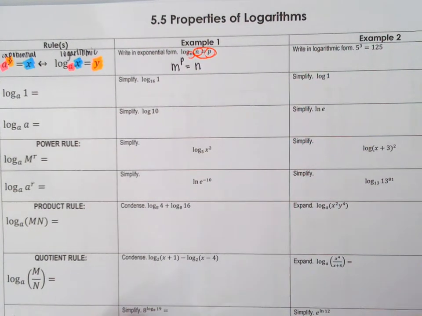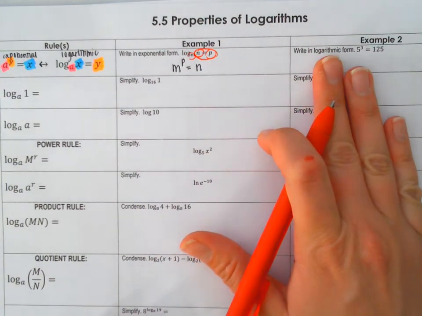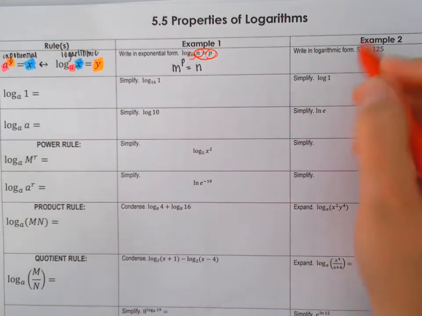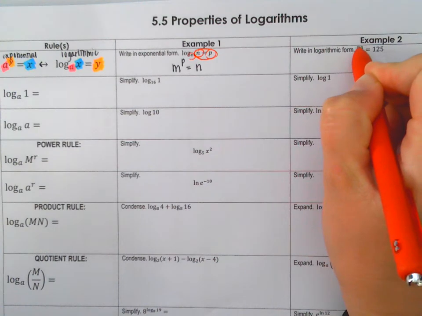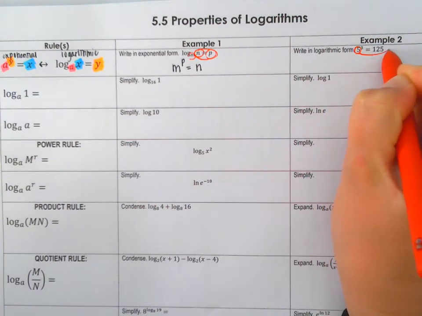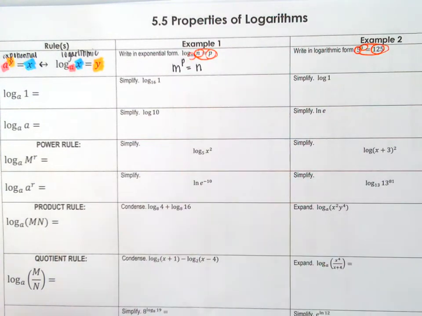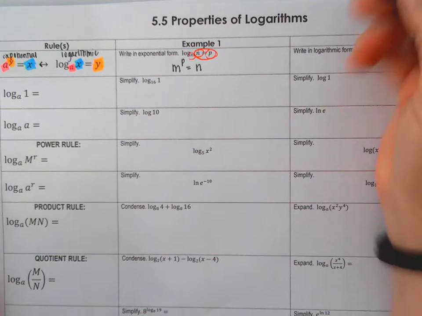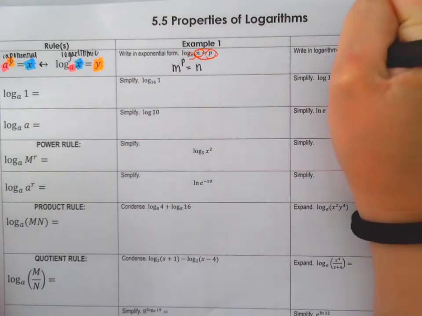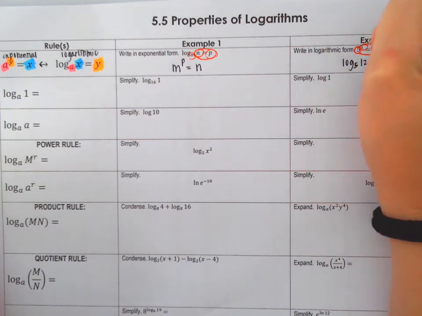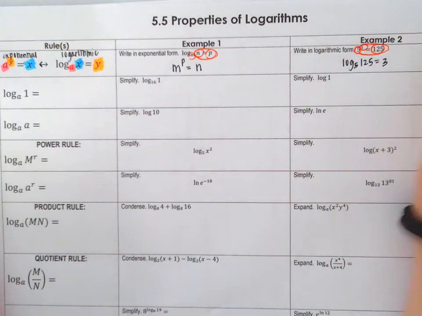Okay, so hopefully you've also written this in logarithmic form. Now the loop-de-loop works the same exact way. It would be log base 5 of 125 equals 3. See how the pattern of the loop-de-loop works exactly the same. So again, that's log base 5 of 125 equals 3.